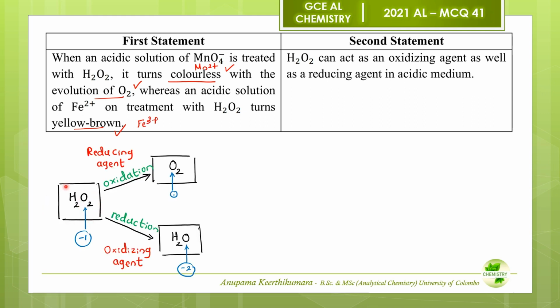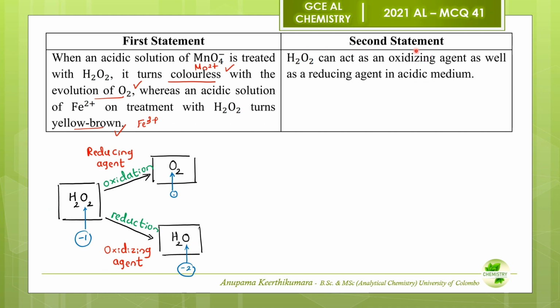Hydrogen peroxide can act as an oxidizing agent or as a reducing agent. When hydrogen peroxide undergoes oxidation, it converts to oxygen gas, so it acts as a reducing agent. When hydrogen peroxide undergoes reduction, it converts to water, so it acts as an oxidizing agent.